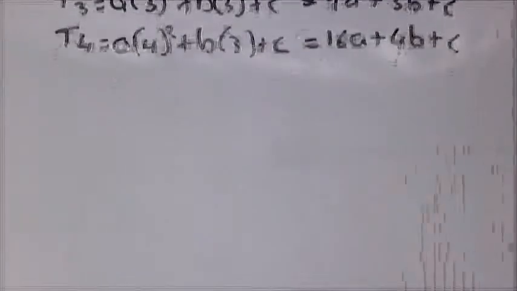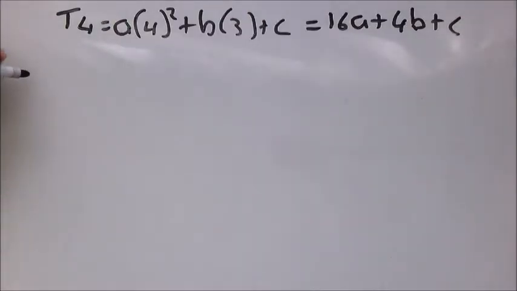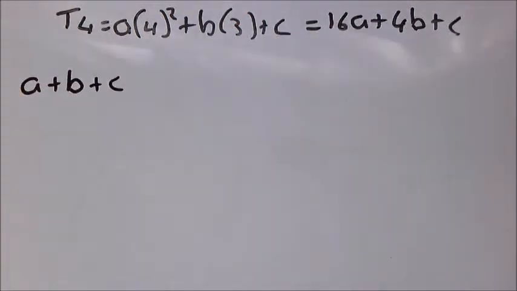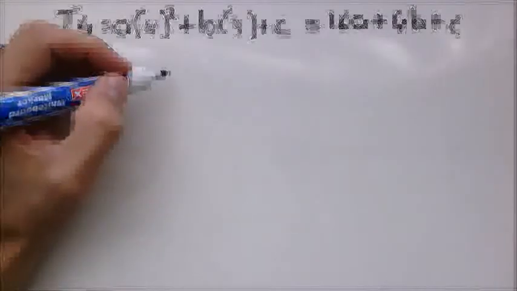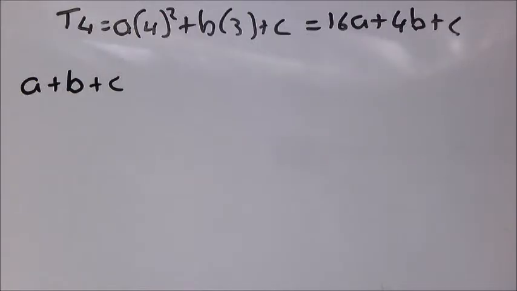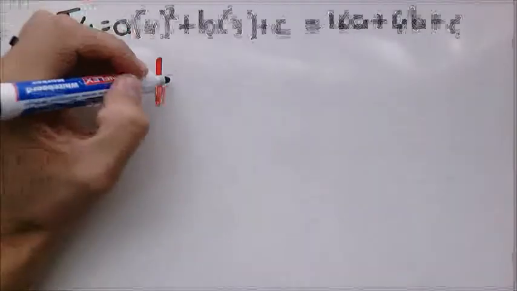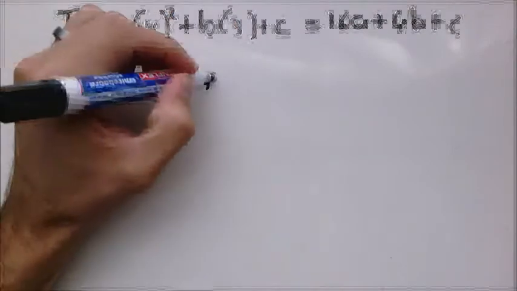So our first term has a value of a plus b plus c. Our second term, I'm just going to draw a little line like that, is 4a plus 2b plus c. Our third term, 9a plus 3b plus c. Our fourth term, 16a plus 4b plus c.